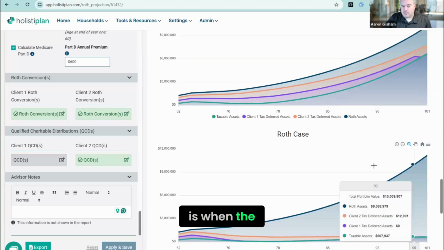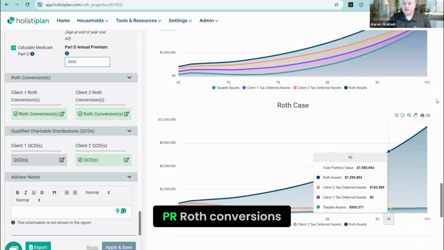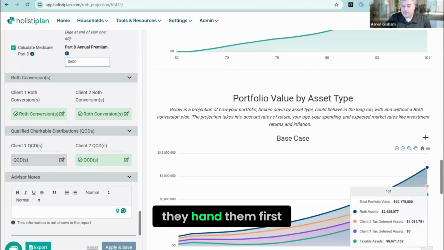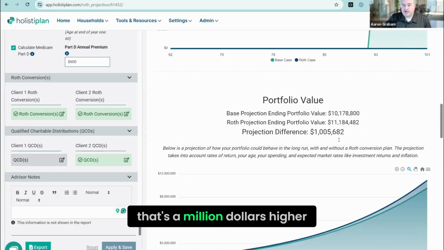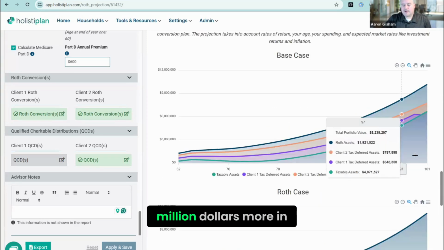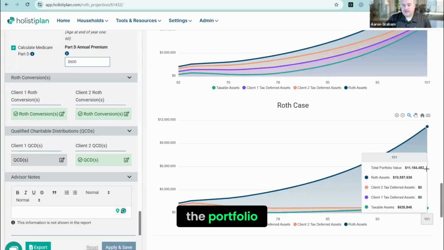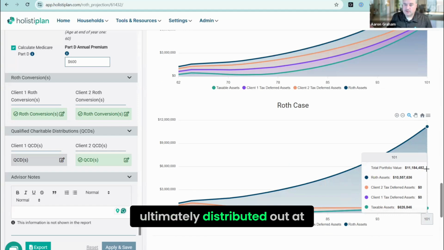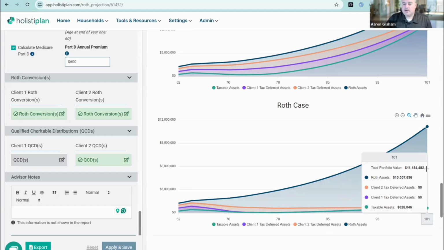So what we do is when we look at the Roth case, when they do these periodic Roth conversions, instead of handing their beneficiary a portfolio, first of all, they hand them one that's $1 million higher. And of that, we can see that $10.5 million is tax-free, is in a Roth account. It can continue to grow for 10 more years in that tax-free environment before it's ultimately distributed out at the end of the 10th year.